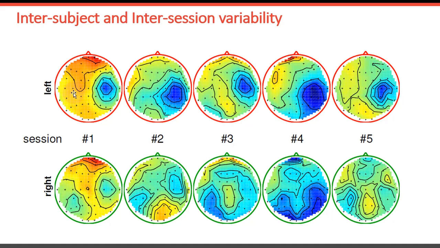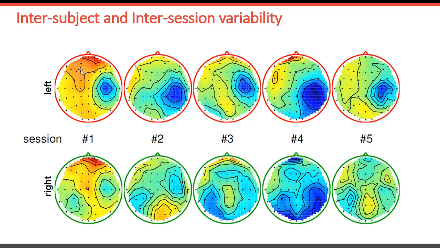So the data here, this top row shows us the data collected from the same subject when he imagined moving his left arm across 5 different experimental sessions. What we can see here is that even for the same subject, the generation of brain data is highly variable, right?